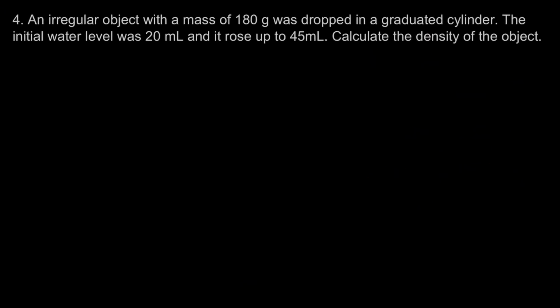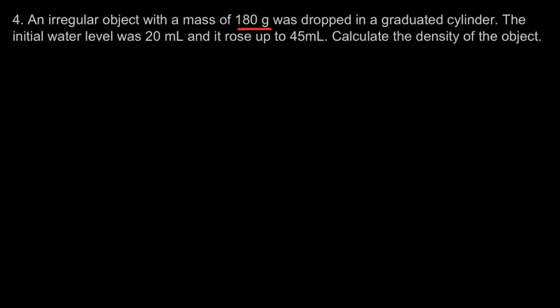An irregular object with a mass of 180 grams, so that's the mass of the object, was dropped in a graduated cylinder. So here we have a graduated cylinder, and we have the irregular object that was dropped in the graduated cylinder. The initial water level here was 20 milliliters.